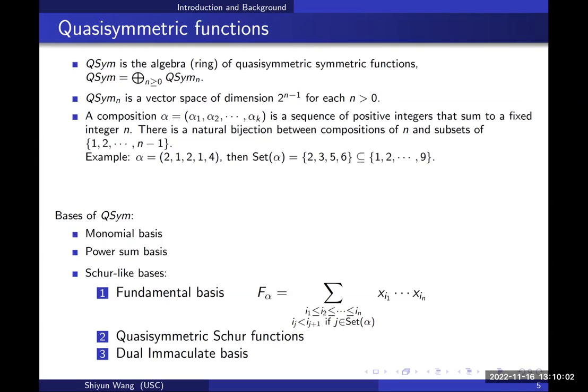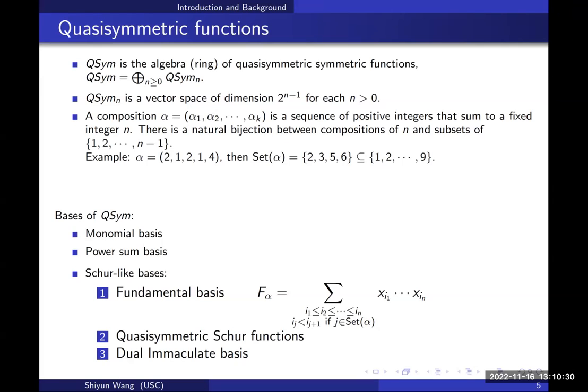It is a sum of terms where each term has a weakly increasing sequence of subscripts of the x, and whenever i_j is less than i_{j+1}, or whenever j is inside the subset corresponding to the composition, then their subscripts should be different. So that's the fundamental basis.